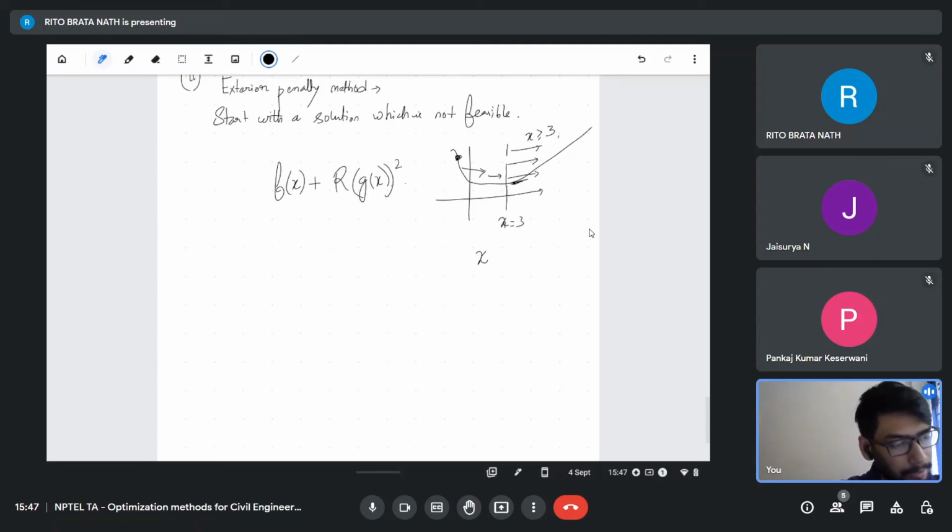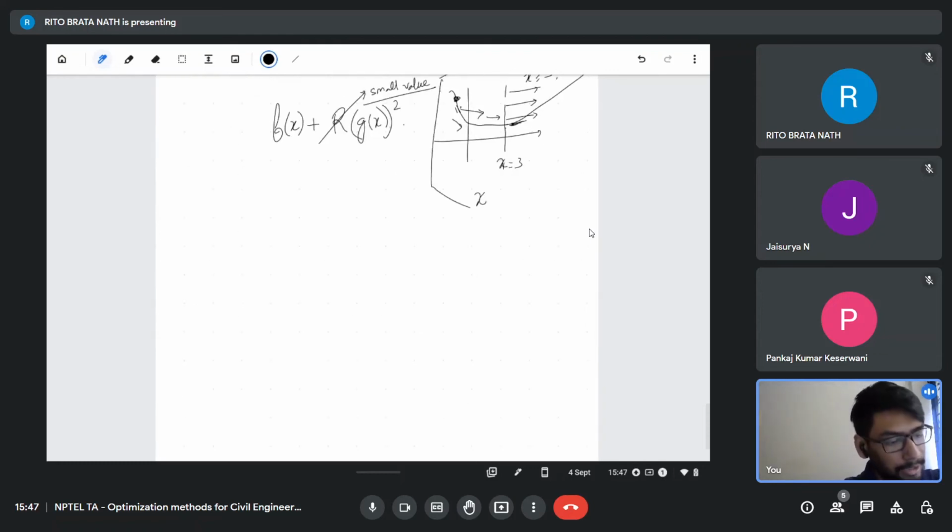And this r, you have to start with a small value and try to solve the problem. Otherwise, you might skip some point, so that might happen. So you're gradually increasing this value of r and you're moving in this direction. So that's your exterior penalty method.